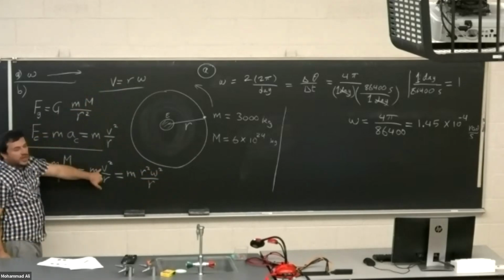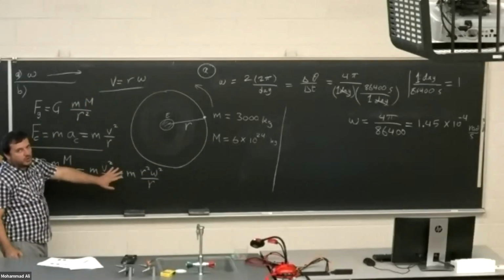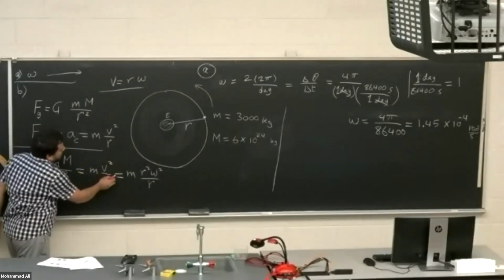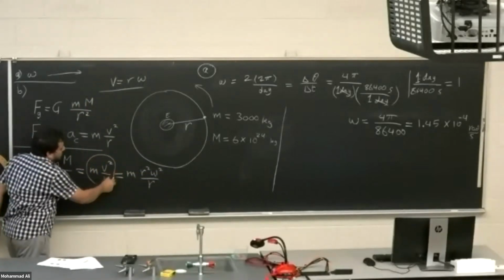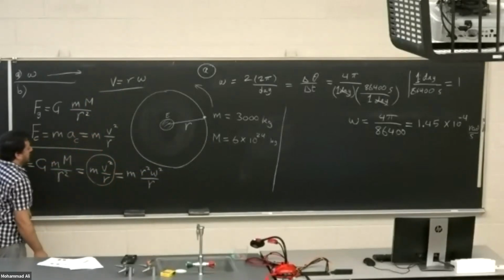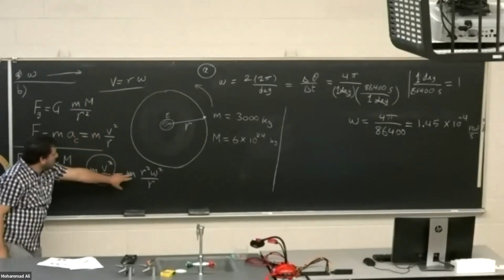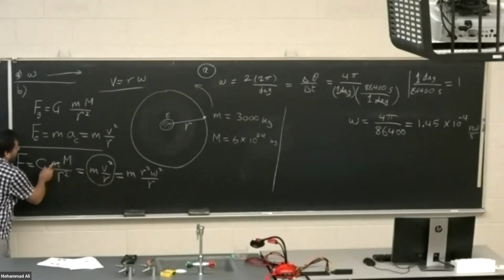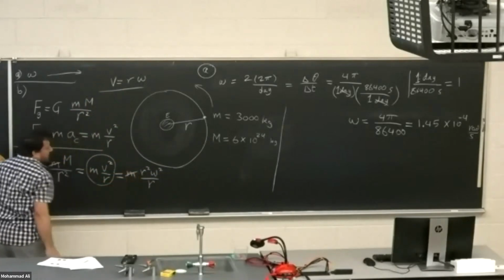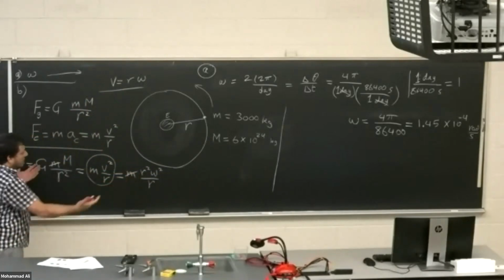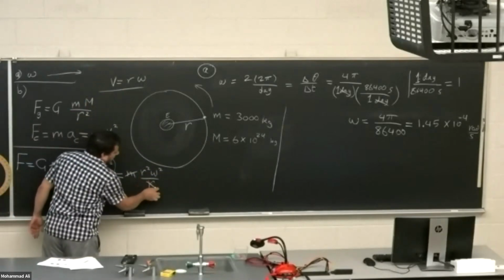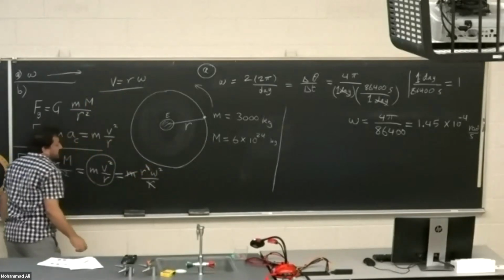We have here the tangential velocity, we don't need it. Let us keep this relation, we'll use it again later. Now this is equal to this. The mass of the satellite is the same. We can cancel R with the square here.